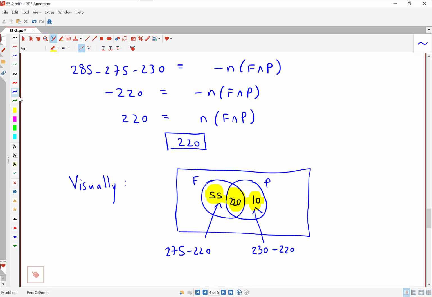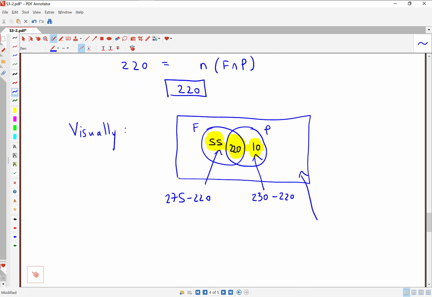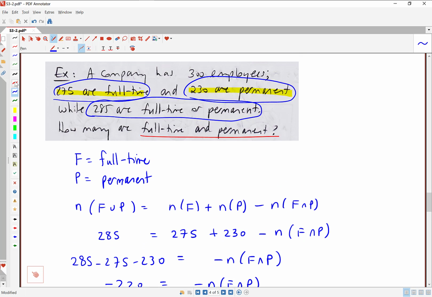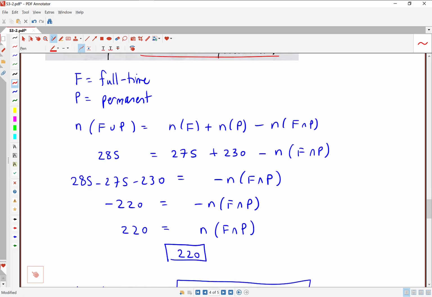And then as a final step, if we wanted to fill in this outer region here, let's think about what that outer region represents. So it's outside the circle for F and P. That means we're talking about employees who are not full-time and who are not permanent. Well, the key piece of information here is that we were told that our company has 300 employees. So we're saying this entire rectangle, all the people that we care about in this problem, contains 300 people in total.